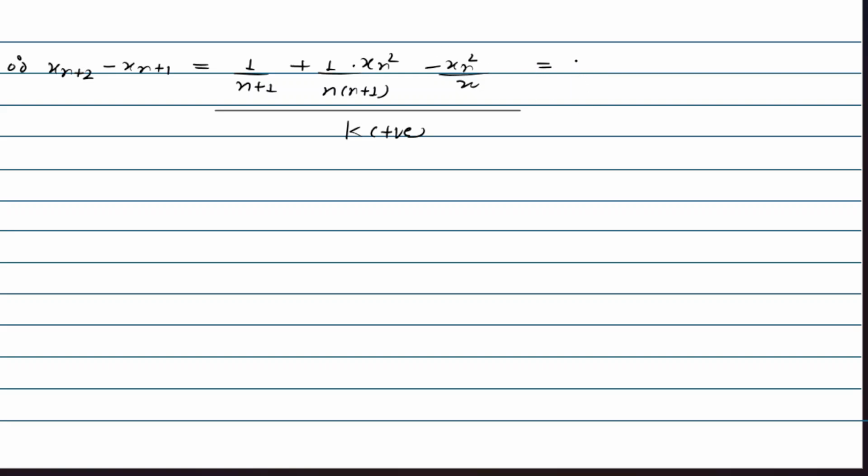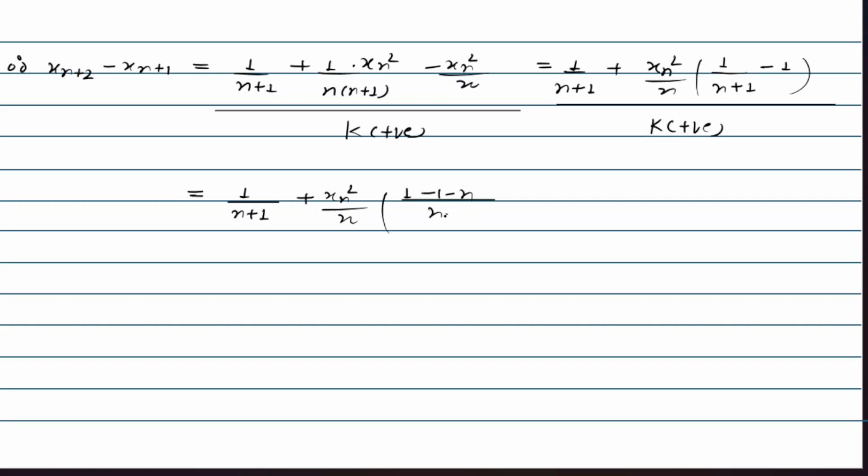This is equal to 1 upon n plus 1 plus xn square upon n, 1 upon n plus 1 minus 1, and in the denominator there is k, which is equal to 1 upon n plus 1 plus xn square upon n, and this is 1 minus 1 minus n upon n plus 1, and in the denominator there is k, which is positive.